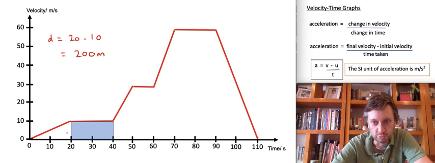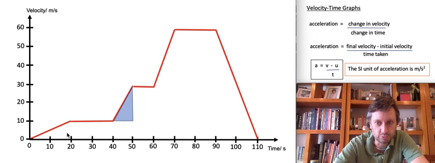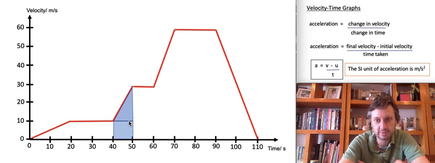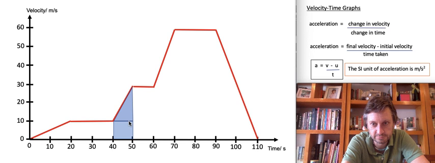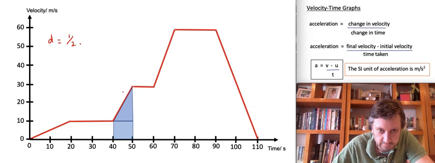Okay, and I'll just do one more. Now this third section, this is a bit more tricky because here the area under the curve is not just that triangle, it's that triangle plus, in this case, the square underneath it. Okay, so we need to do two calculations for this distance. First of all, we can do the triangle. We get half of 10 seconds, multiplied by the height of that triangle. I make that 20 meters per second.